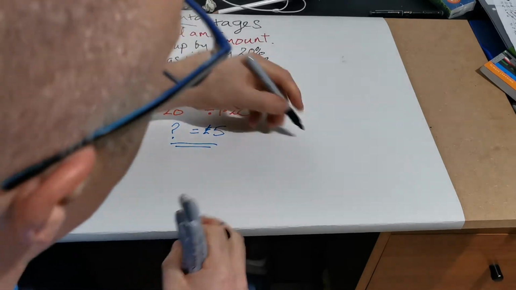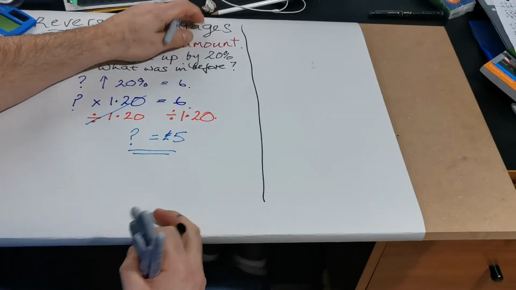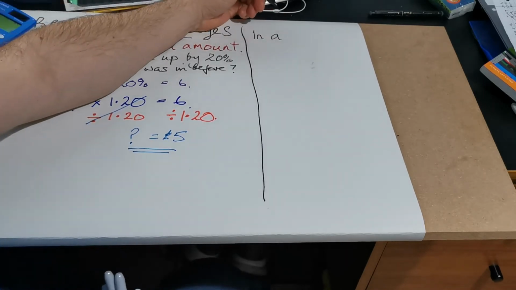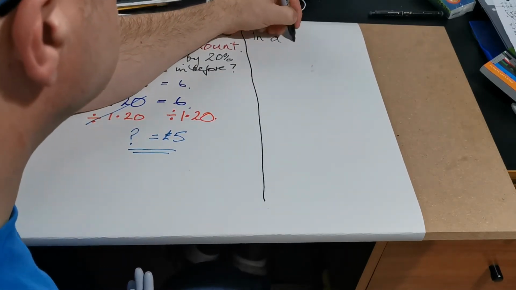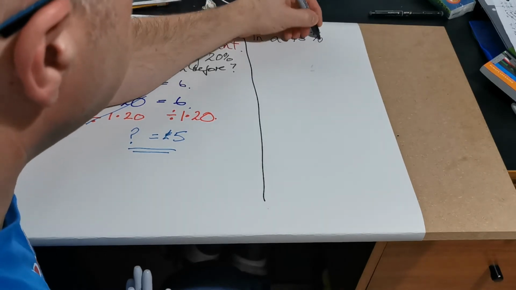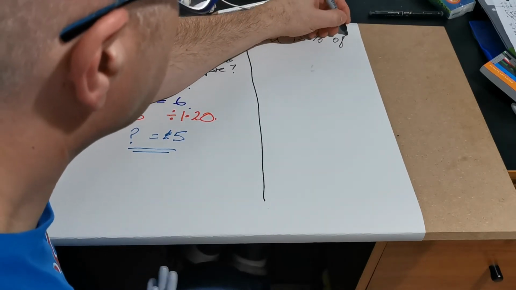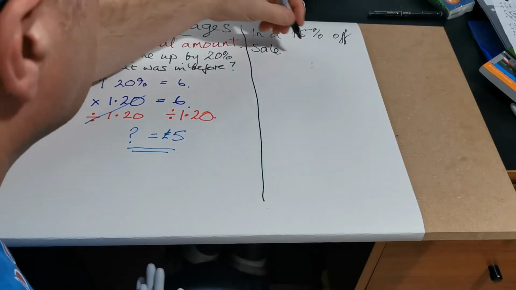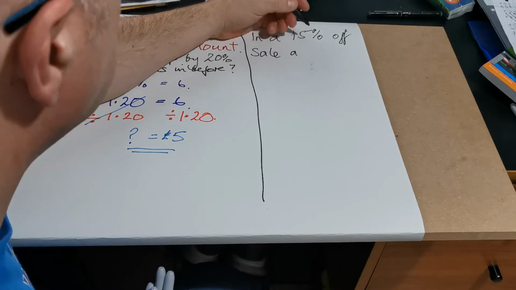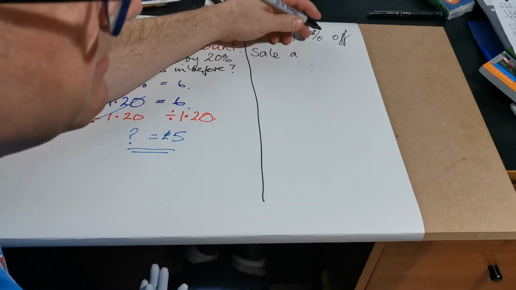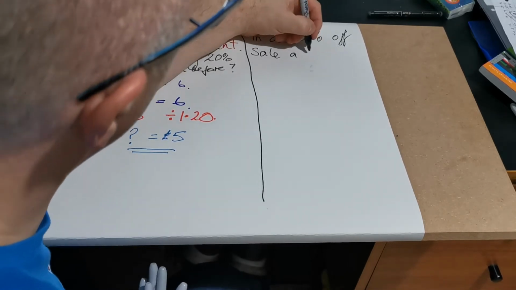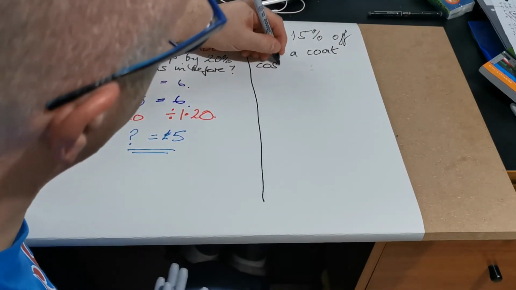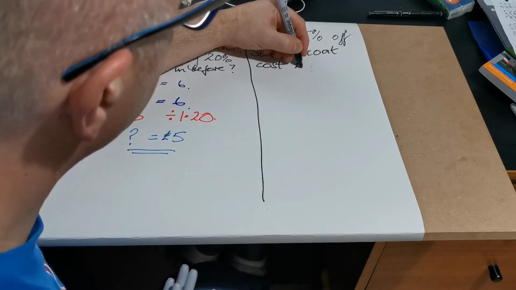Let's have a look at a slightly more complicated one. In a sale, or let's say what's off in the sale, in a 15% off sale, let's have something a bit more expensive. A coat, which is an expensive coat, costs £170.